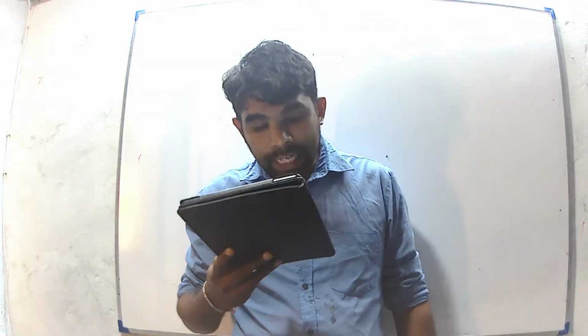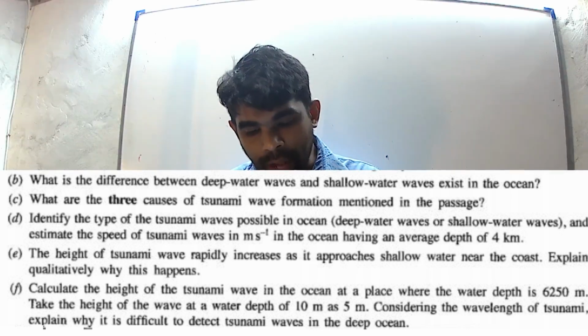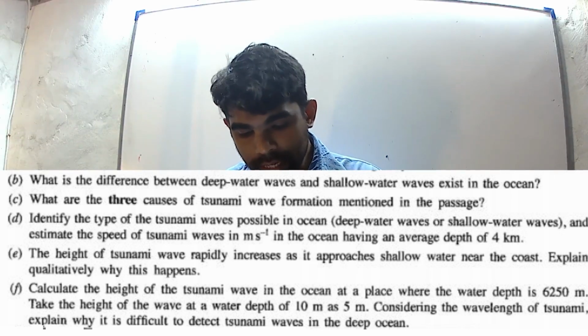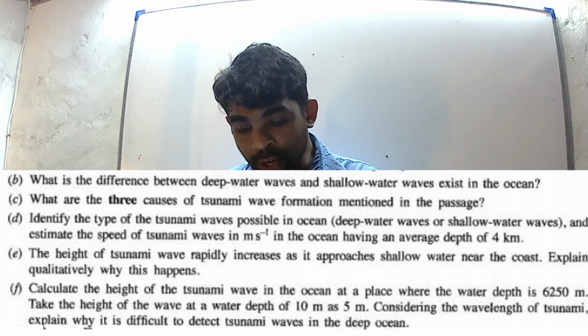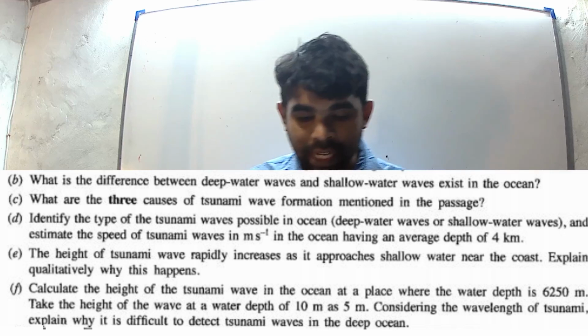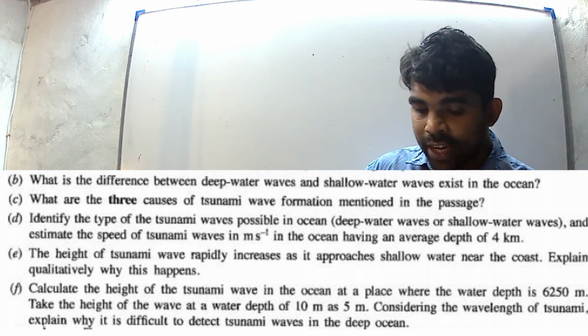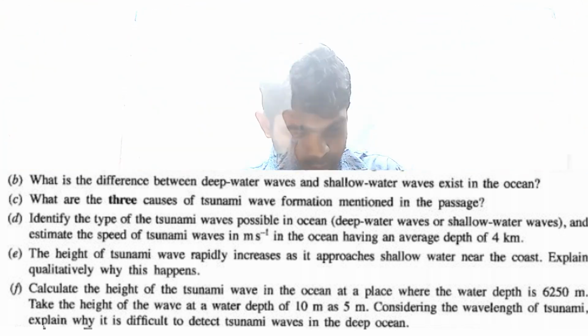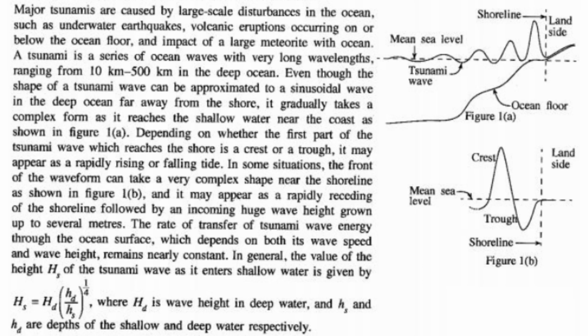Then part D. Identify the type of tsunami waves possible in the ocean, deep water wave or shallow water wave, and estimate the speed of the tsunami wave in meters per second. The ocean has an average depth of 4 kilometers. A tsunami is a series of ocean waves with a very long wavelength, in the range 10 kilometers to 500 kilometers.